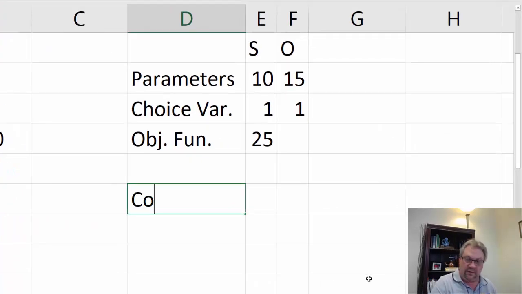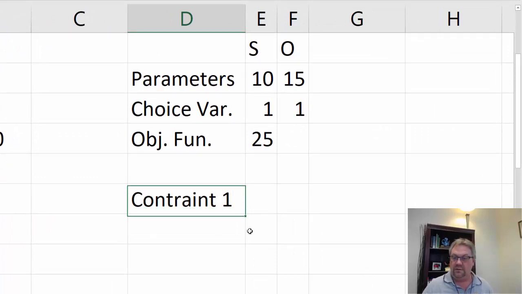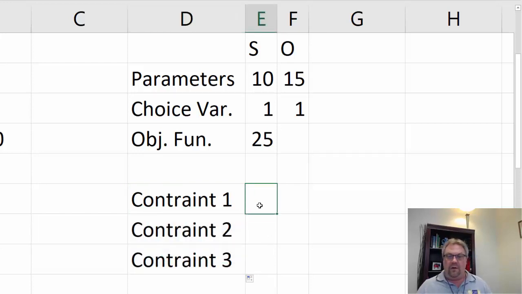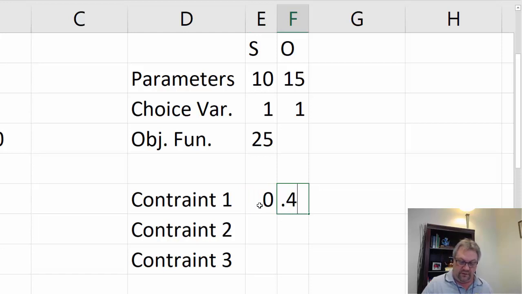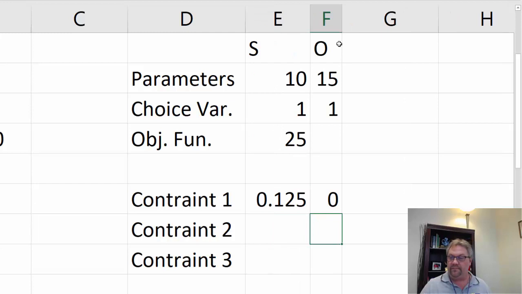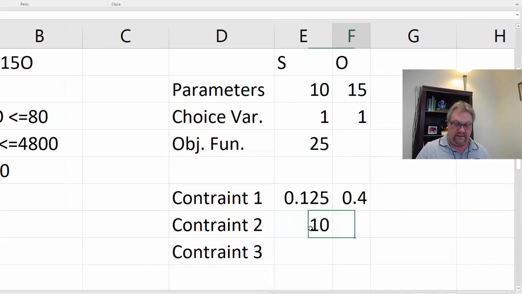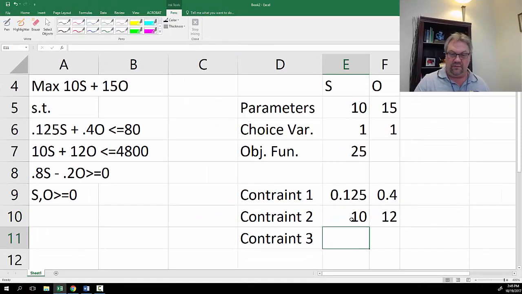Constraints, I have 3. Constraint 1: 0.125, 0.4. I need to make this bigger. Second constraint: 10, 12, and then 0.8, negative 0.2.